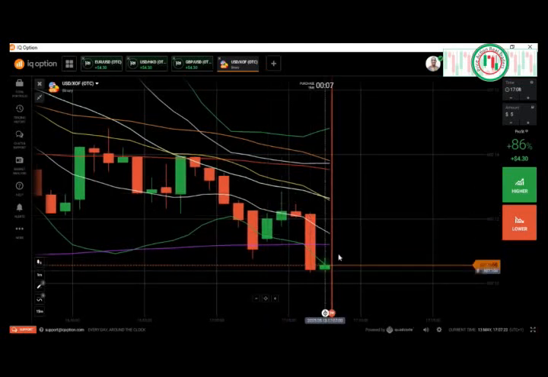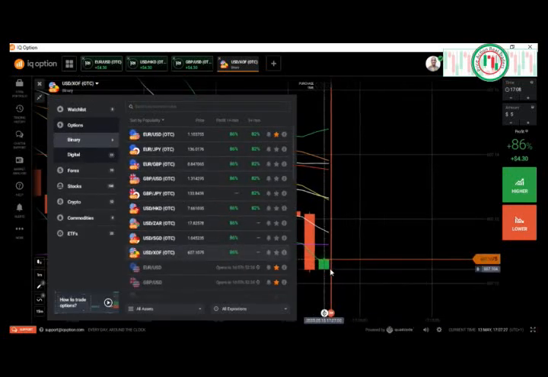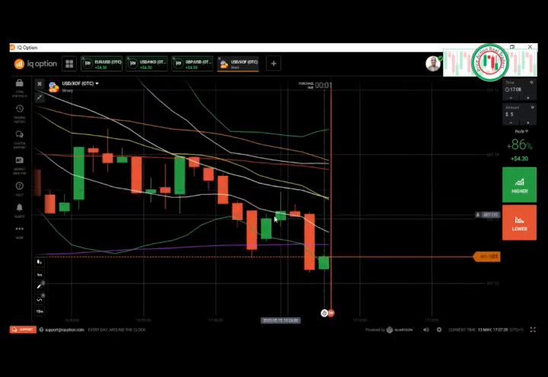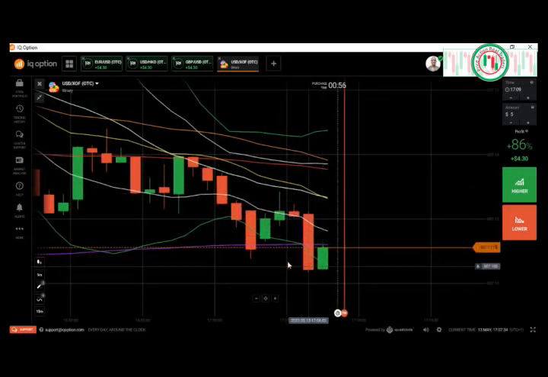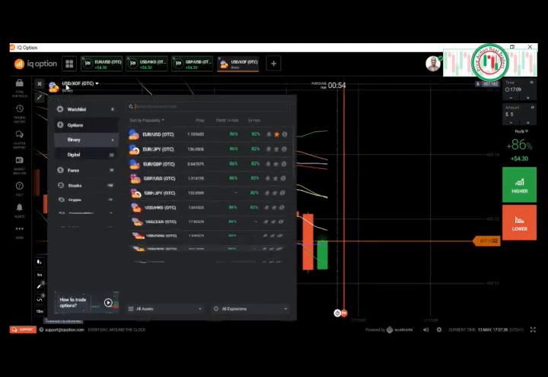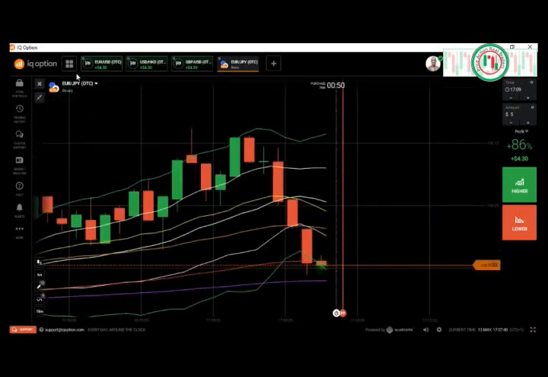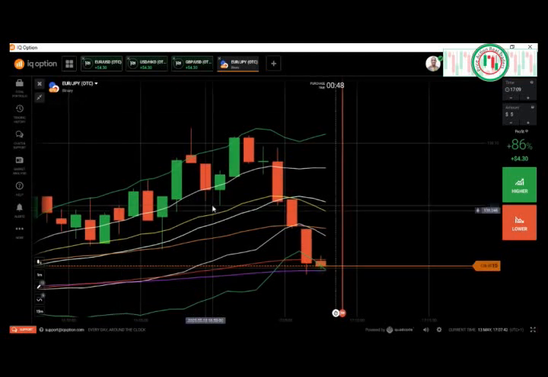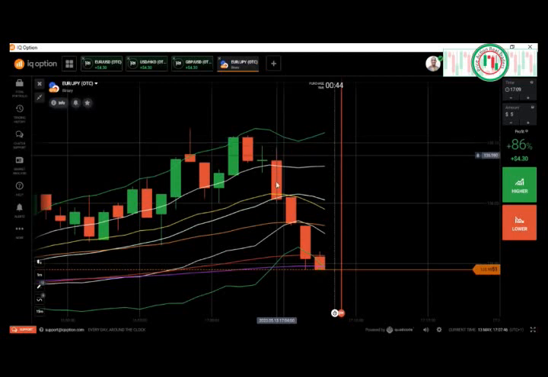Up, down. It's not nice in this one, but it can still reverse, but it's not a very good setup here. Up, down, up. Yes, it can reverse, but it's not nice. So I will not place my trade now because I'm not convinced. You see here, up, down.